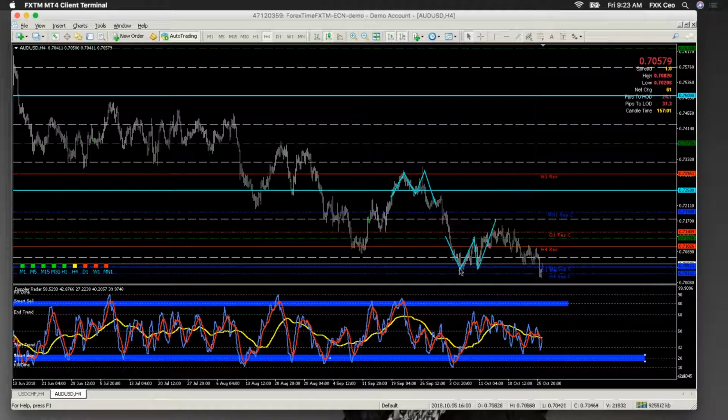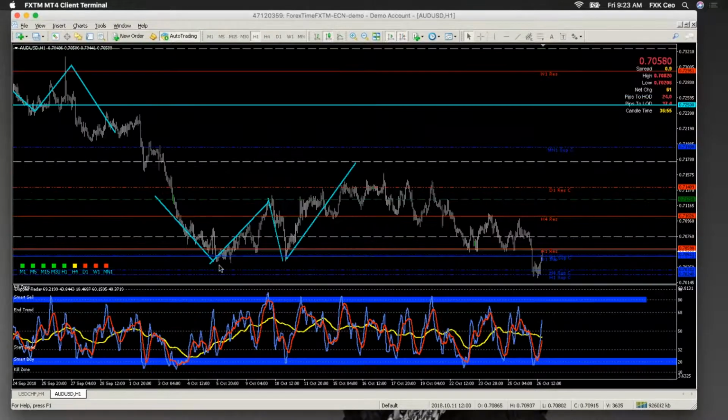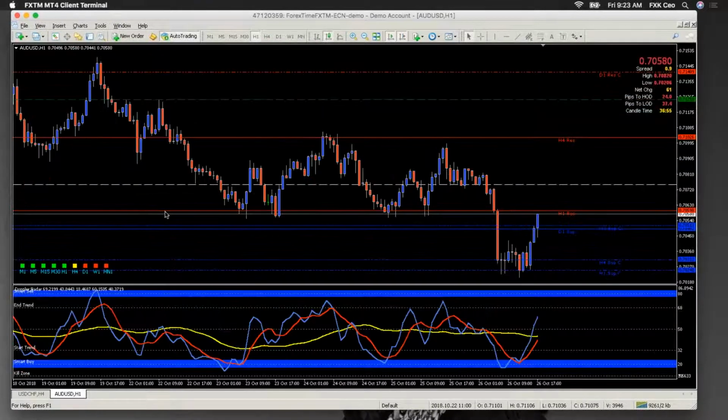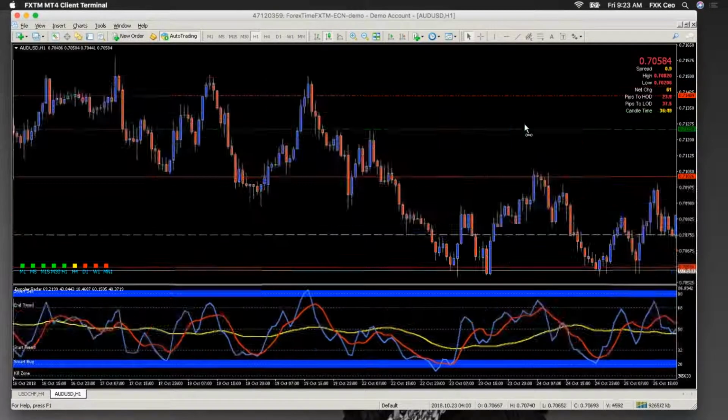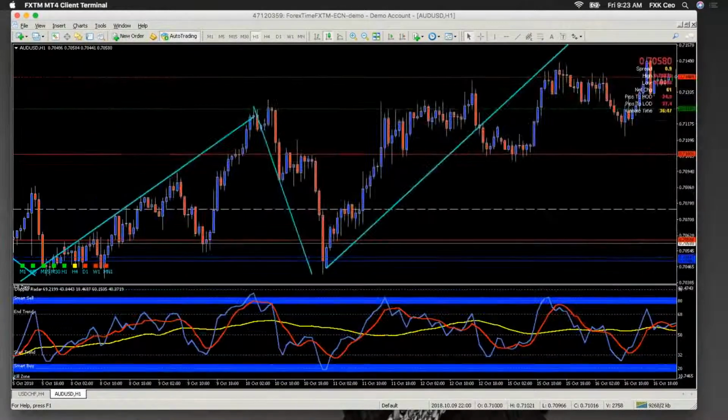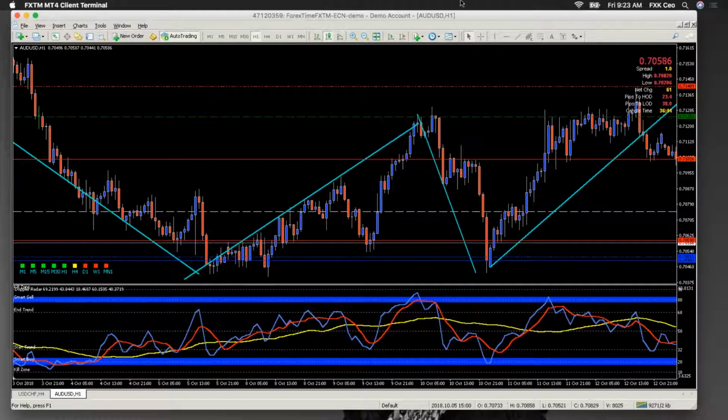But on the lower time frame, it looks like there was actually a double bottom just right here as well, where the prime entry was. Okay, here. So here we can see an inner double bottom. So this was where that prime entry was.